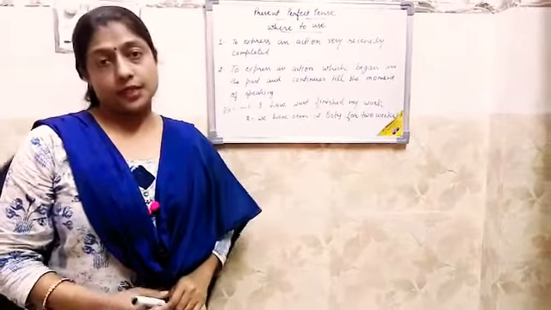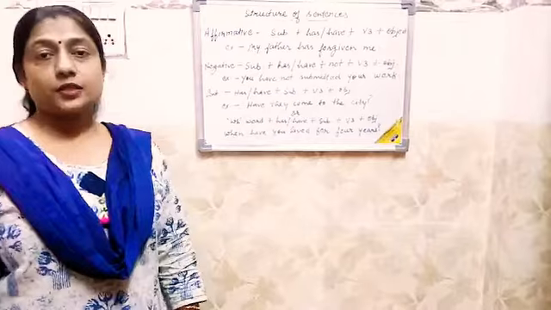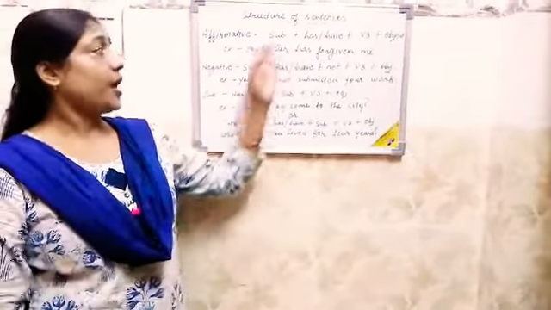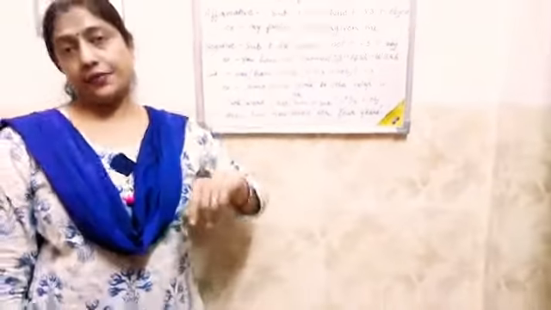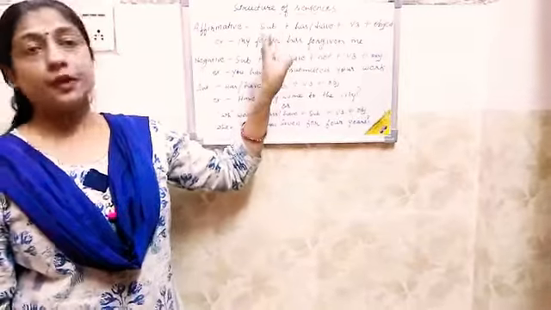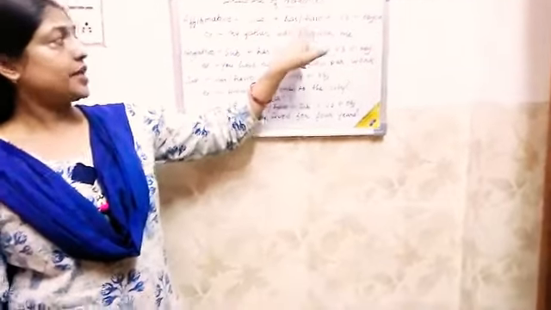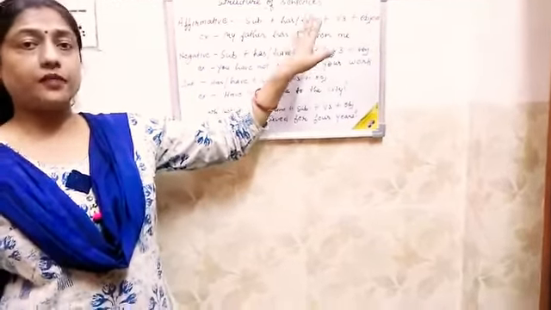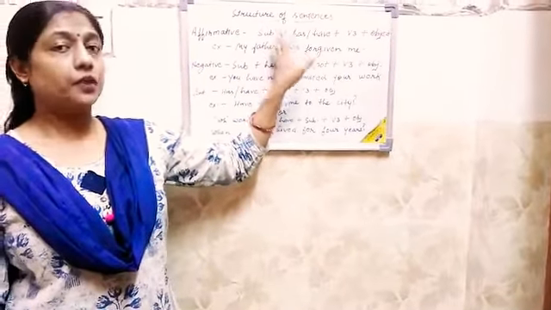present perfect tense. Now see the structure of sentences. Affirmative, we have to use has or have and the third form of verb. In present perfect tense, subject plus has, have. According to the subject we use has or have. You must be knowing where to use have and where to use has.